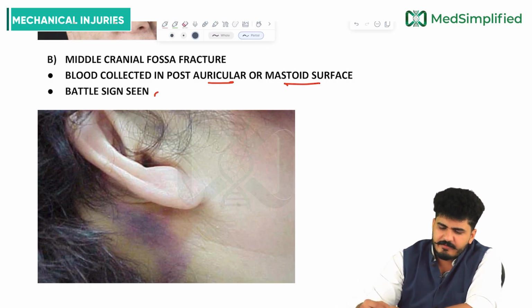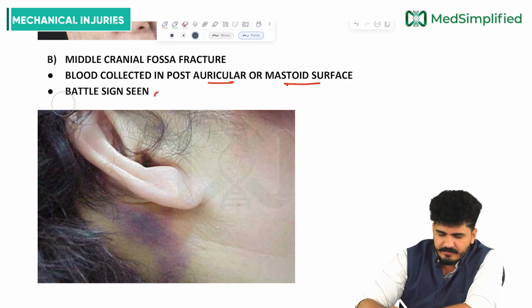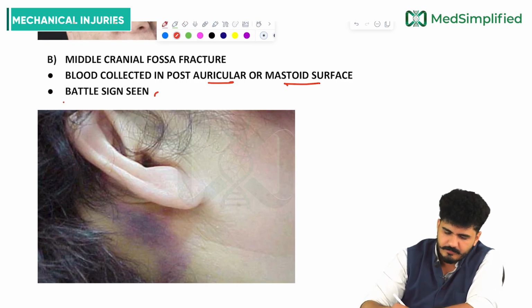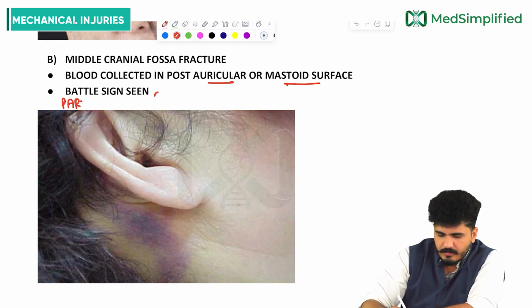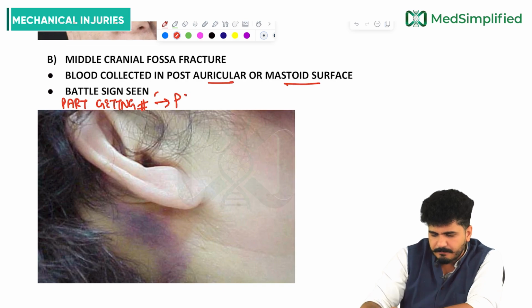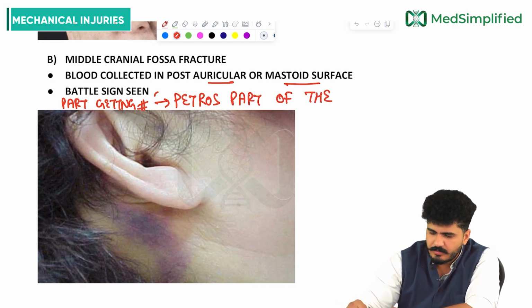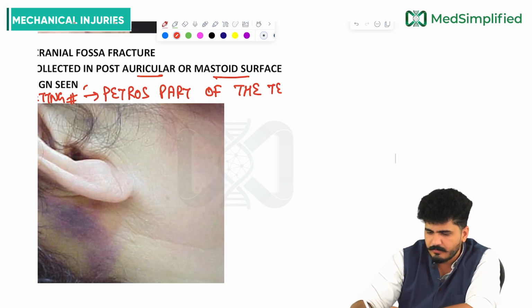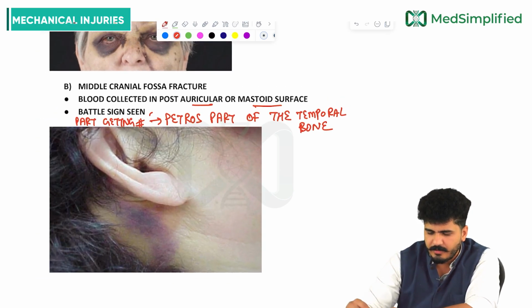In the middle cranial fossa fracture, the part which is getting fractured is the petrous part of the temporal bone. Petrous means hollow.